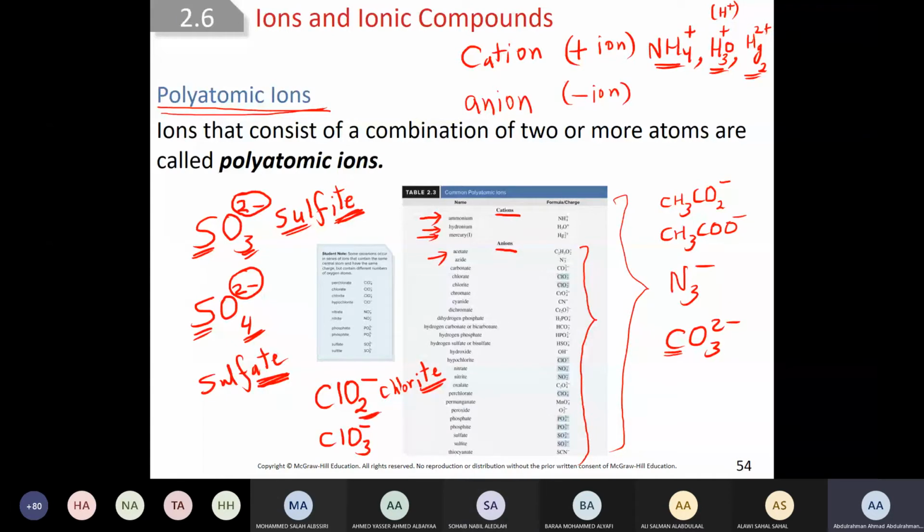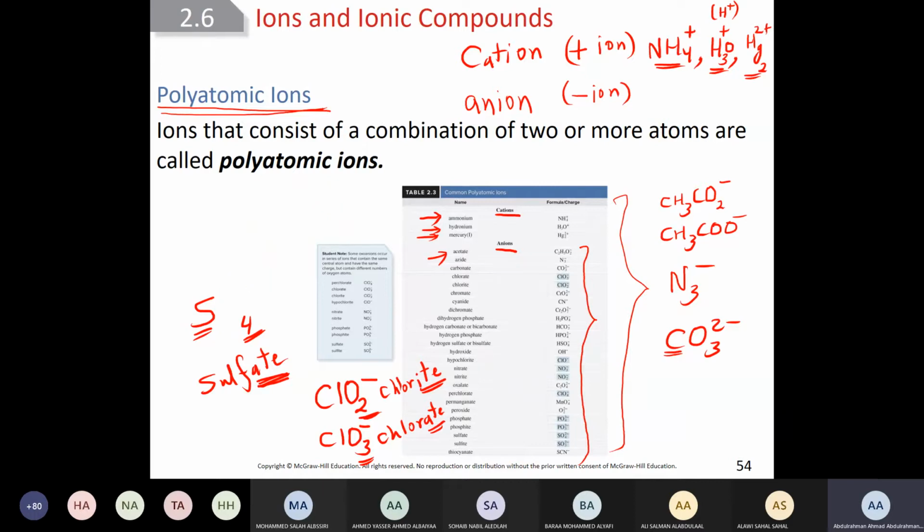Because it's with less oxygen. What's the name of the second one? Chlorate. Why? A greater number of oxygen. Good. I hope you understand this and you memorize these names extremely well.